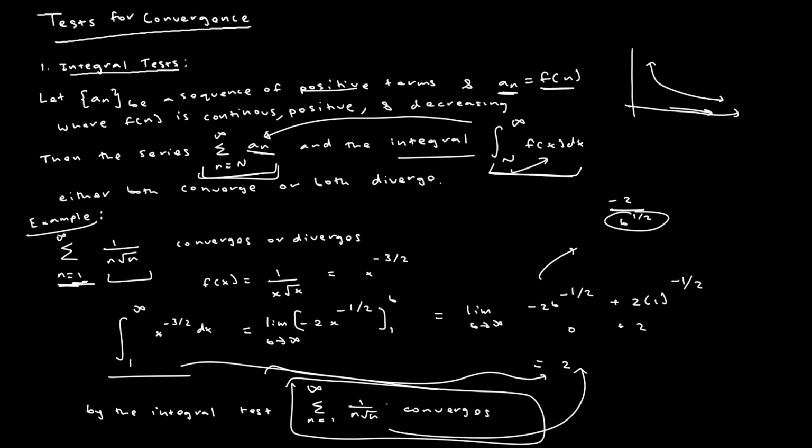That's because you're summing up discrete values over here, whereas the integral is summing up all the continuous values. So although their convergence and divergence behavior are related, the value that we're converging to is not necessarily the same. And so that was the integral test.